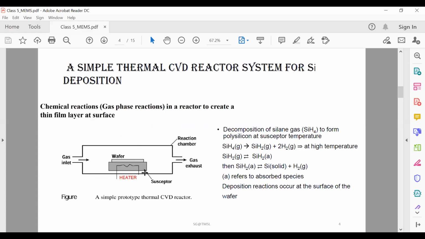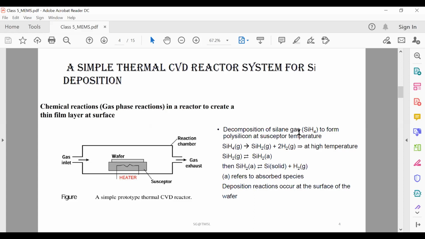If you heat it, then gas is flown onto the surface of the wafer. In this reaction chamber at high temperature, the gas will decompose and the solid material will deposit on the substrate. Here, what are the gases used? One is silane, SiH4.